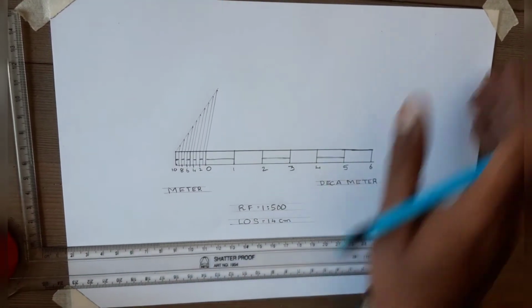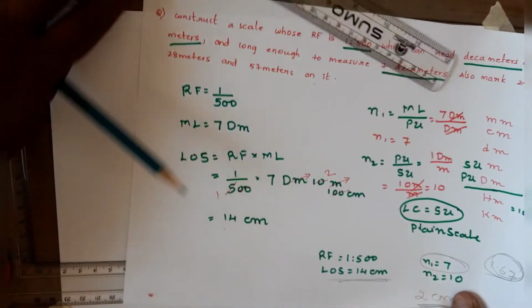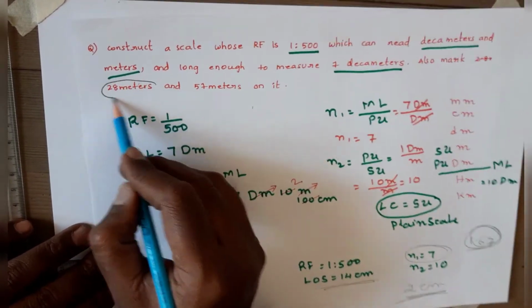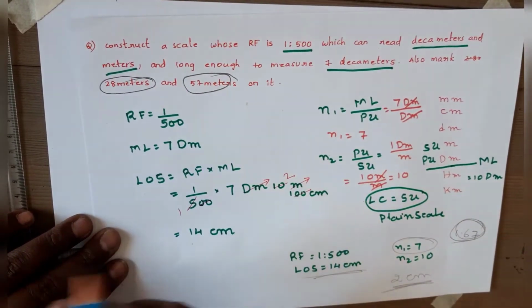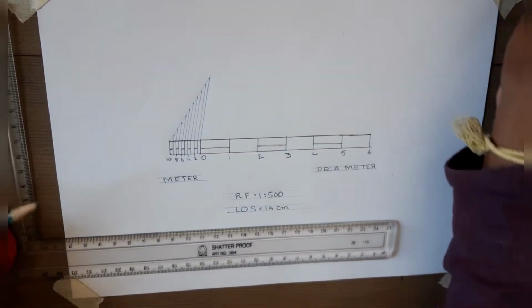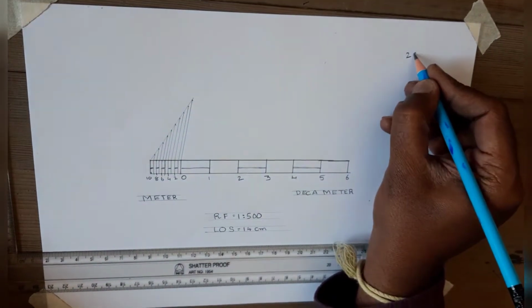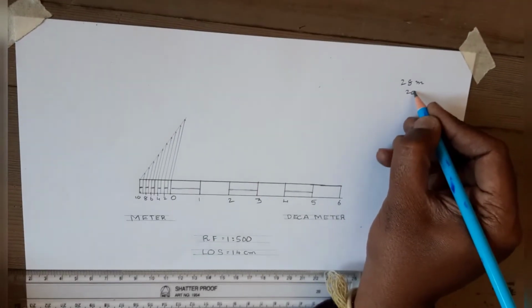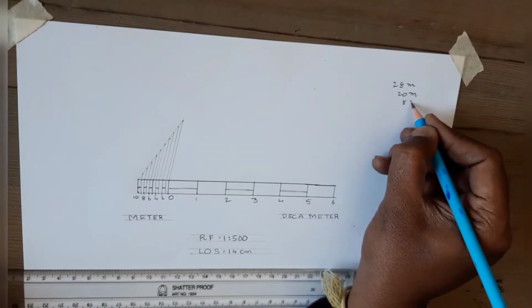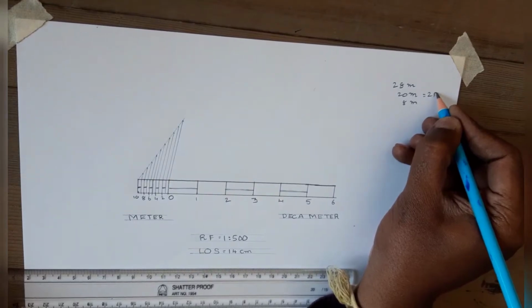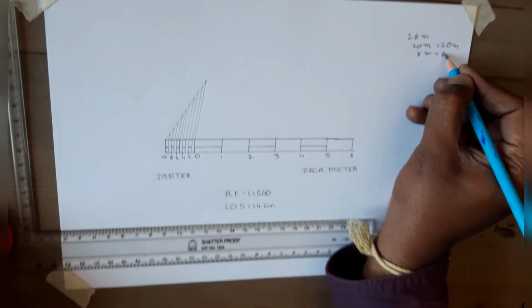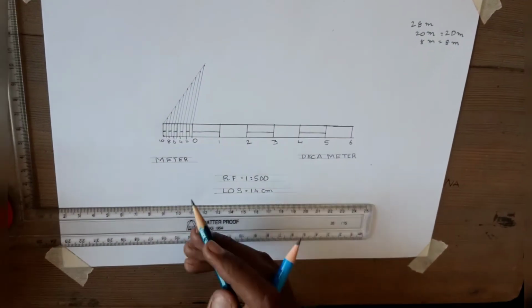But what are the other elements they have given? We have to mark two pieces of information: one is 28 meters, another one is 57 meters. How should we mark that? 28 meters. What is meant by 28 meters, sir? That is 20 meters plus 8 meters. 20 meters is nothing but 2 decameters, plus 8 meters. Am I right or not? So 8 meters is here.